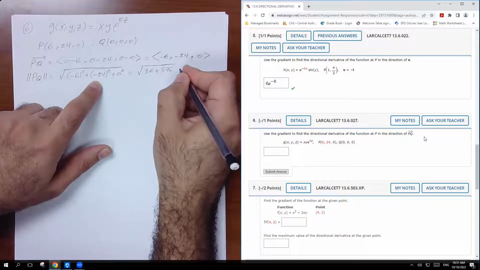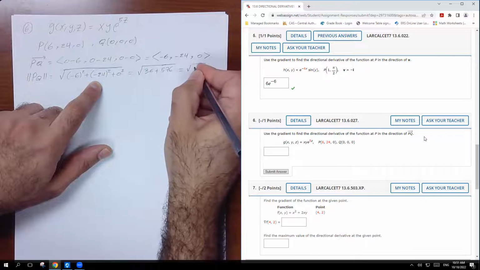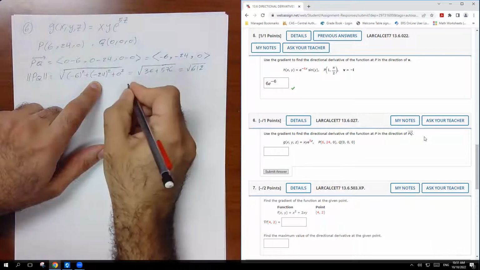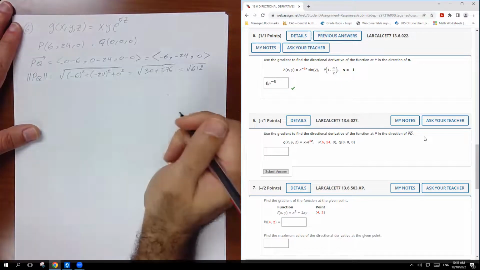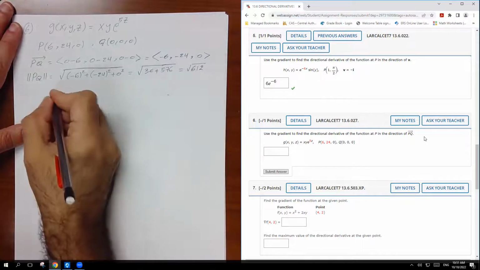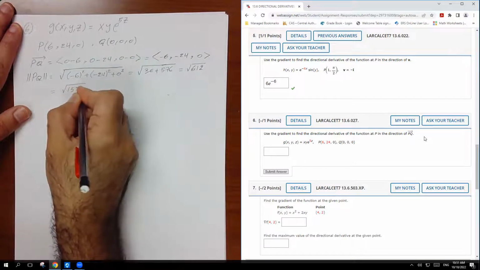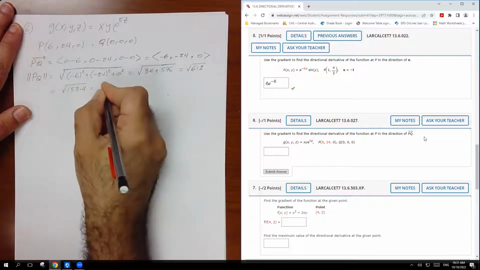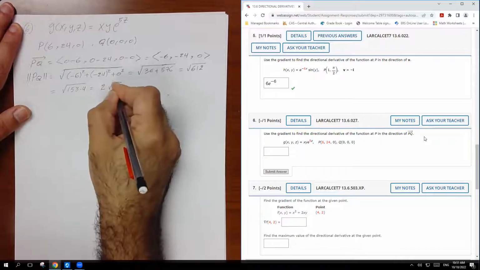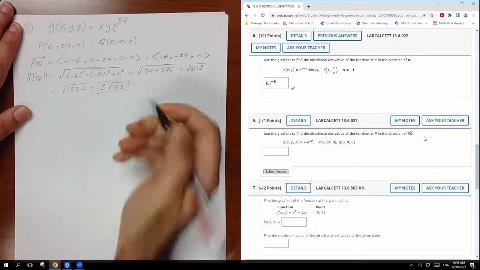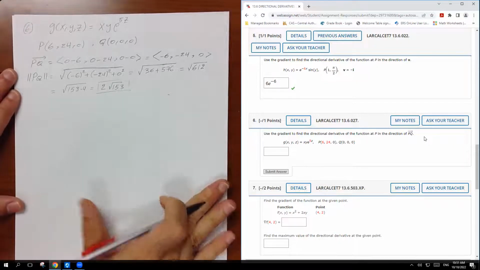This is the square root of 612, and 612 is 4 times 153, so it's the square root of 153 times 4, which is 2 square root of 153. This is not equal to 1, so it's not a unit vector.